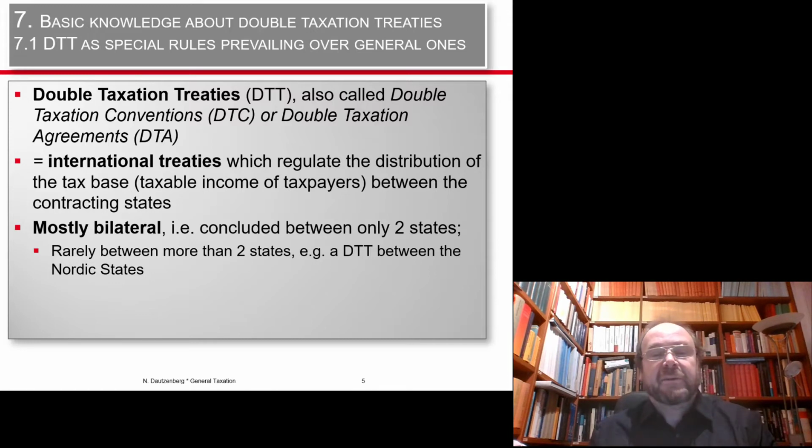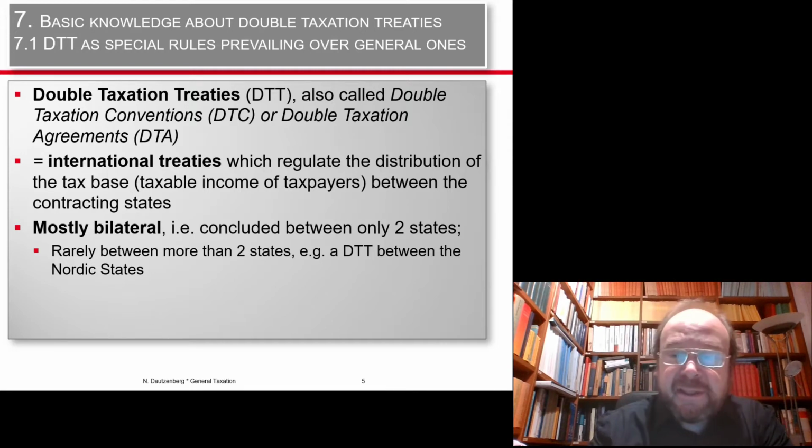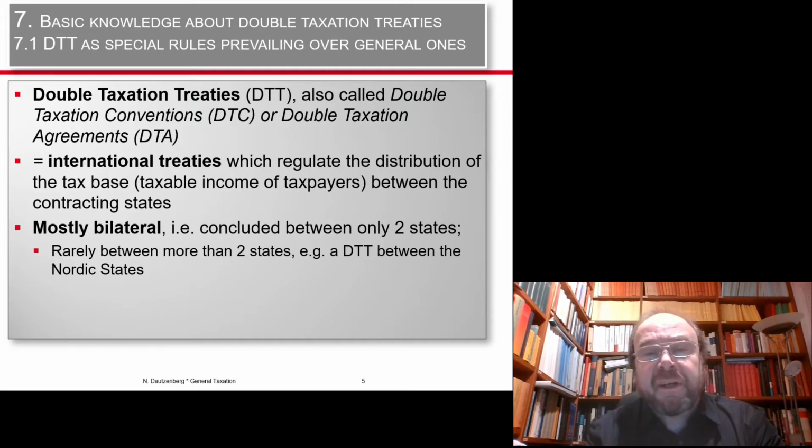Good. Now, double taxation treaties, the first interesting thing is there is never ever a very clear denomination for that. Sometimes they are called double taxation treaties, DTT, sometimes double taxation conventions, then some people abbreviate with DTC, or double taxation agreements, DTA, so get used to all of them.